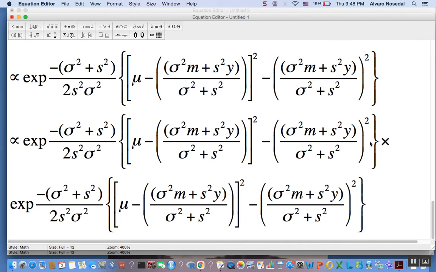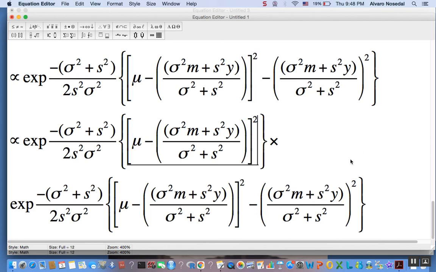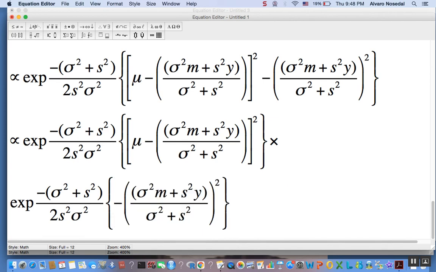This is the same as this exponential that has to do with the first term times another exponential that has to do with the second term.